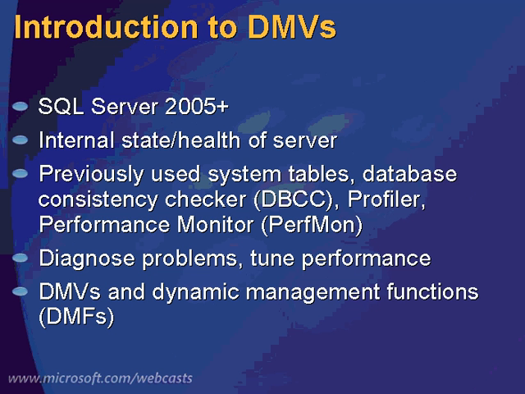Now, introduction-wise, these were added in SQL Server 2005, and there really was some equivalent in SQL Server 2000. In SQL Server 2000, we had a few views that gave you an indication of what the internal state or health of the server was. In particular, we had sys processes, and things like sys cache objects, which were system views.